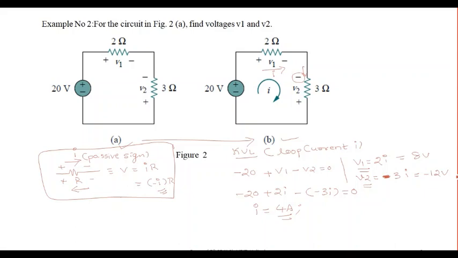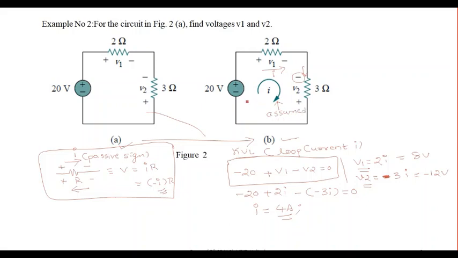The equation, minus 20 plus V1 minus V2. Okay, no issues. See here, this equation is written based on this circuit, right? And this is the original circuit where current direction is not mentioned. So what I have assumed is the current direction, which is clockwise.